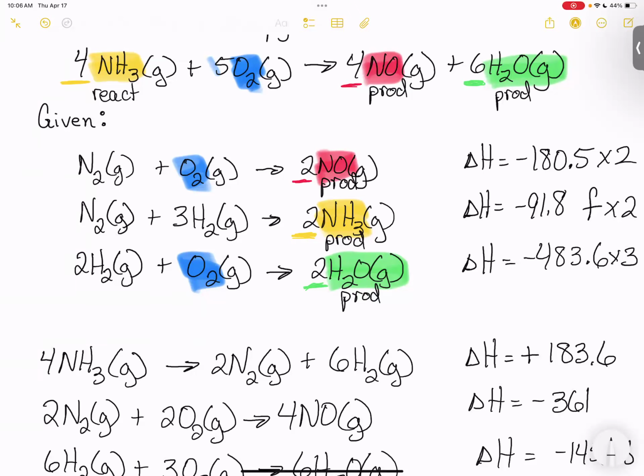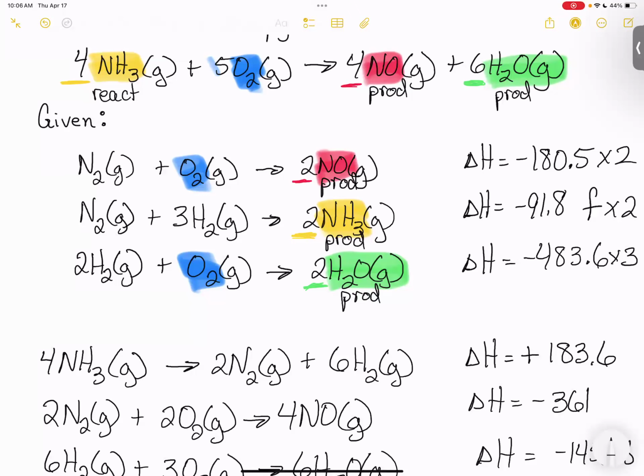Here, NH3 is a reactant, but here it was a product, so I had to flip this equation. Here I needed 4 of them and I only had 2 of them, so I also had to multiply that equation by 2. So that's where this equation comes from, and that's how I got a delta H of a positive 183.6.